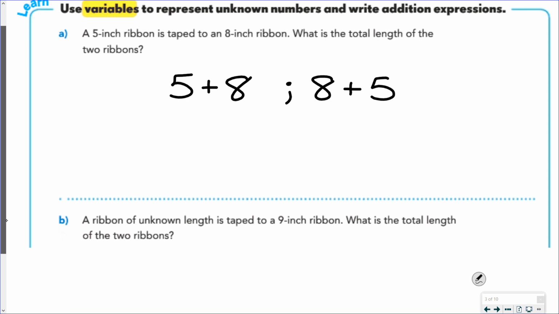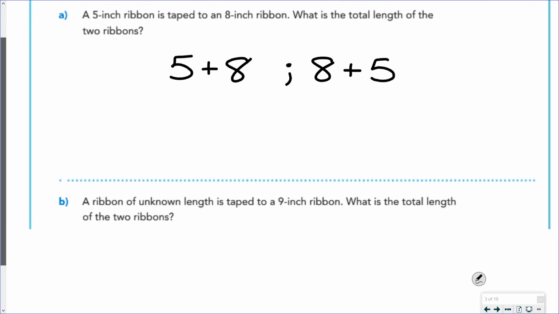For part B, scroll down here a little bit, we have a ribbon of unknown length taped to a 9-inch ribbon. What is the total length of the two ribbons? So first we would have to determine the length of the unknown ribbon. Well, since it's an unknown, we can't just put any number in. We have to use a variable.